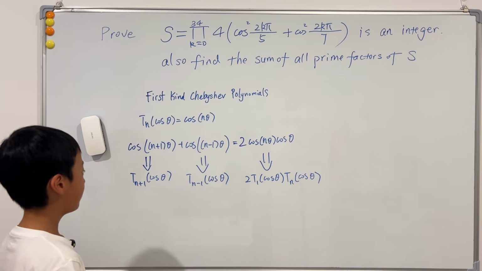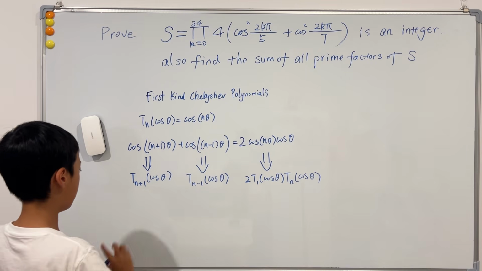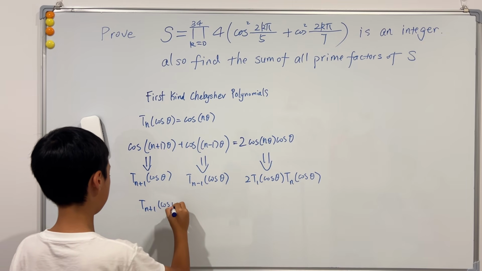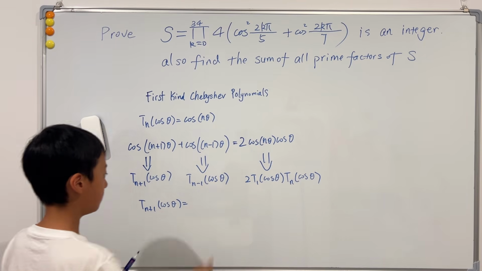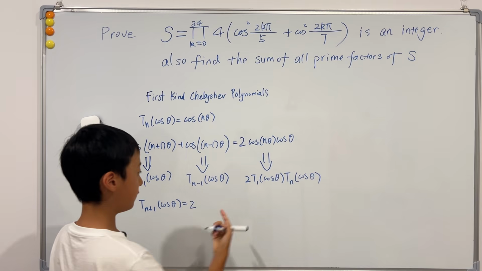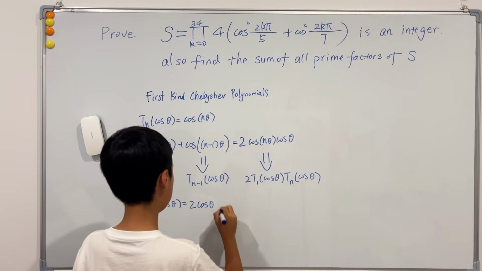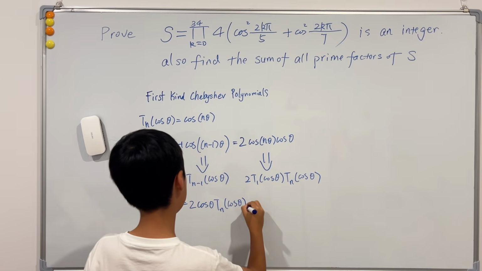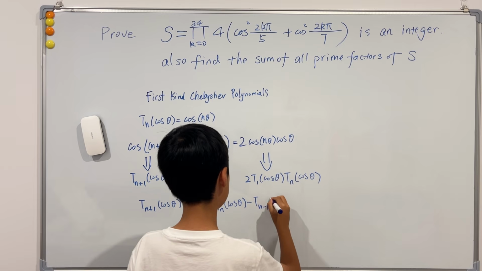Okay, since we know that these are all equivalent, then this term, Tn plus 1 of cosine theta, is equal to this minus that. So what is this? Well, 2 times T1 of cosine theta is just cosine theta, so cosine theta multiplied by Tn of cosine theta, minus this, Tn minus 1 of cosine theta.